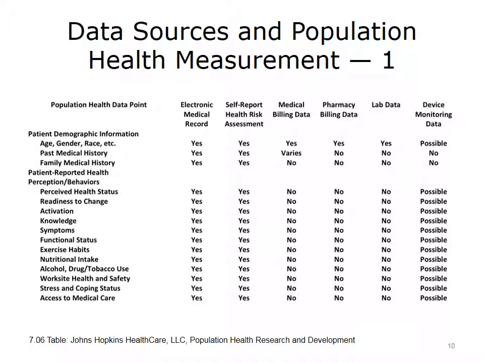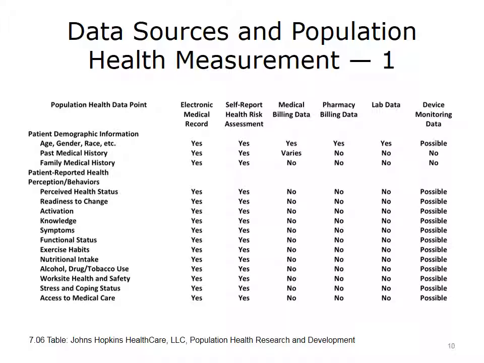The electronic medical record provides much data regarding patient demographic information, past medical history, and family medical history. EMRs may also include patient-reported health perceptions and behaviors. So we can ask patients, for example, about their knowledge of a disease.